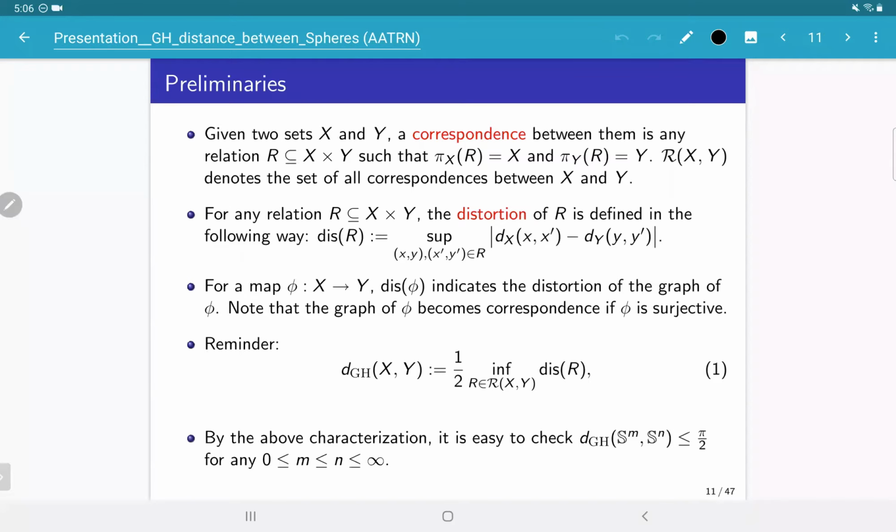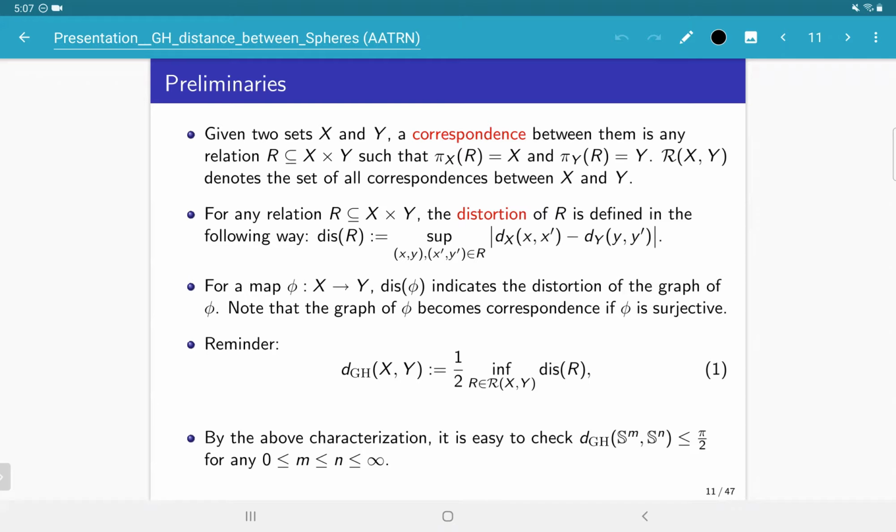With the above characterization of Gromov-Hausdorff distance, it is easy to check that the Gromov-Hausdorff distance between Sm and Sn is always upper bounded by pi over 2 for any m and n between 0 and infinity.